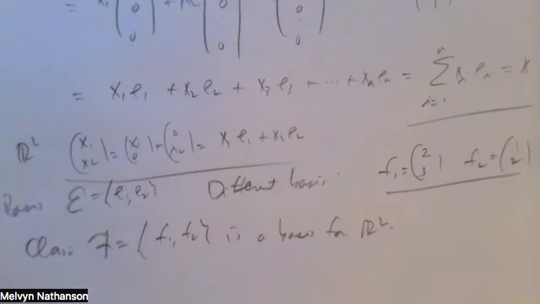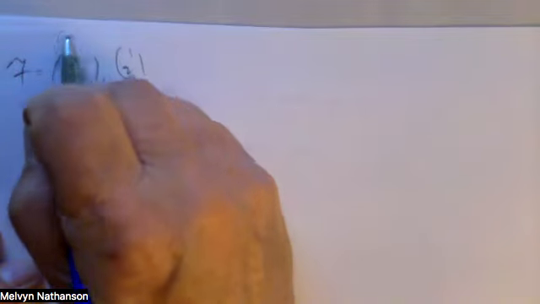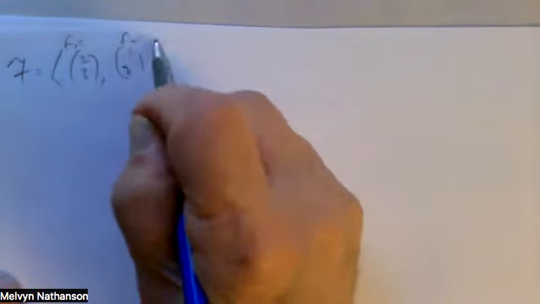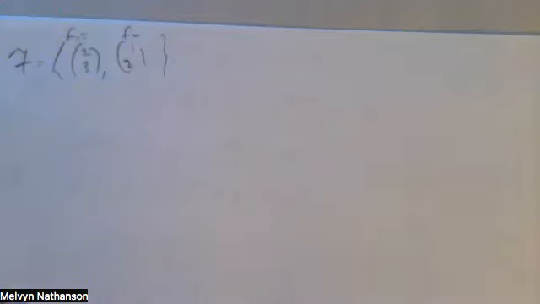Let's check. I have the set F consisting of the vectors 2, 3, and 1, 2. Let's call this f1 and this f2. First, I need to prove they're linearly independent.